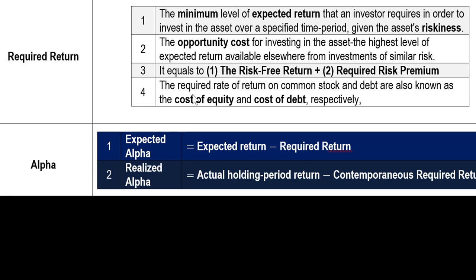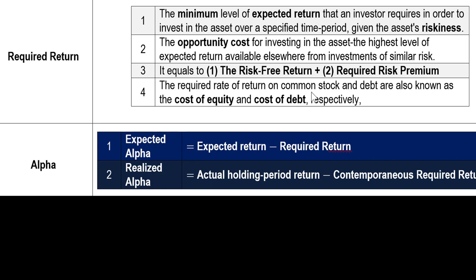For example, bondholders are the lenders. The shareholders provide capital to the firm as equity. Regardless of whether it is from equity or from debt, they are all investors and they all have a required return. And that return is the cost to the firm.